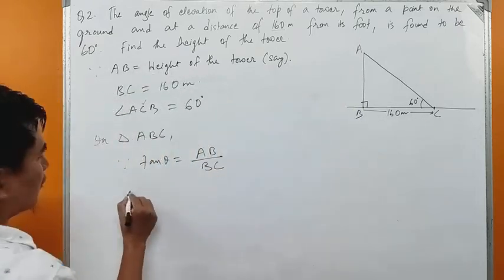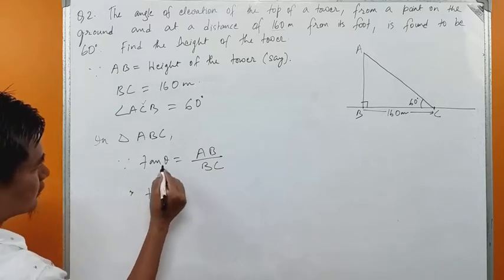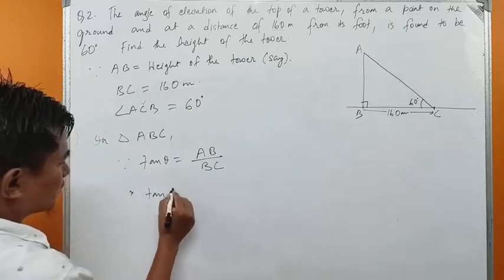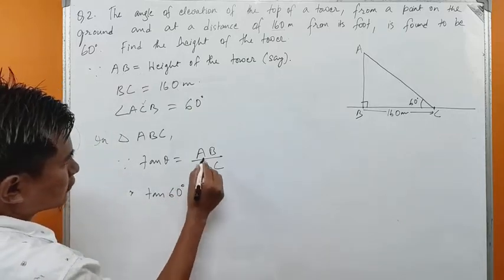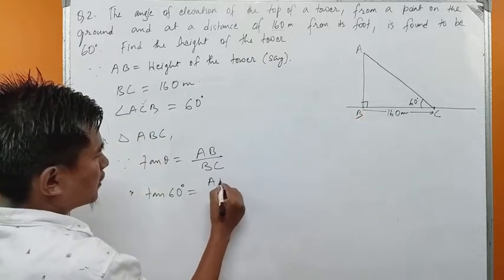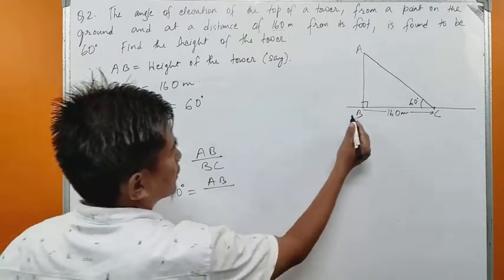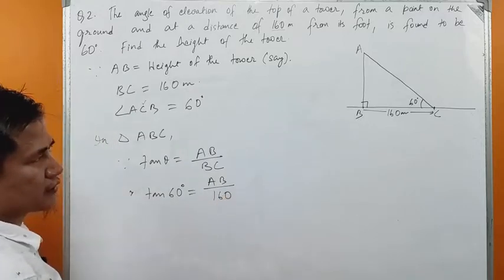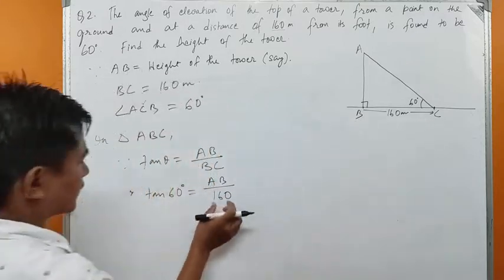Here theta is 60 degree, so tan 60 degree is equal to AB upon BC. AB is not given to us, we are asked to find AB. BC is given to us, that is 160.